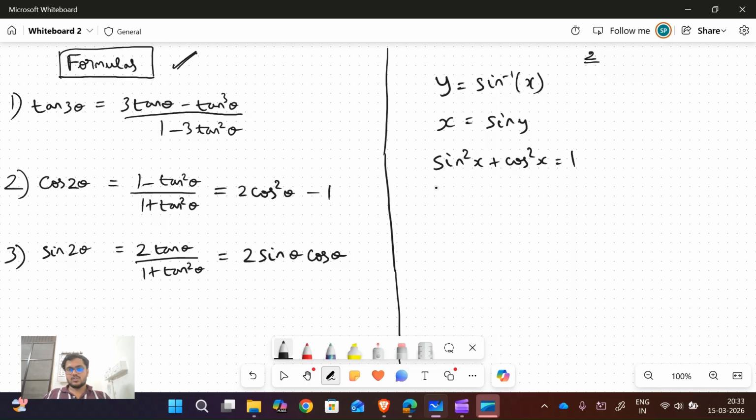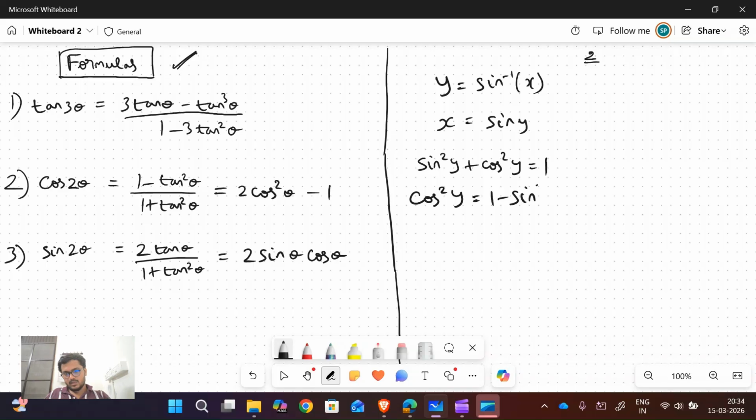Keeping it in terms of y, because we are solving for y, we can write sine square y plus cos square y equal to 1, which is nothing but cos square y equal to 1 minus sine square y.